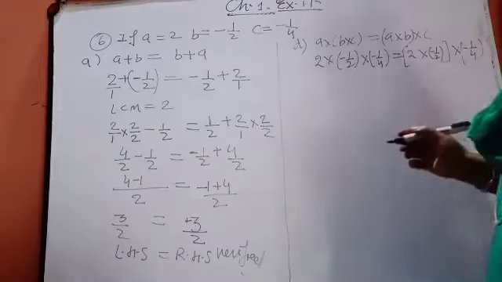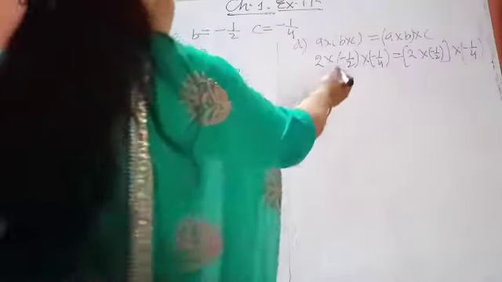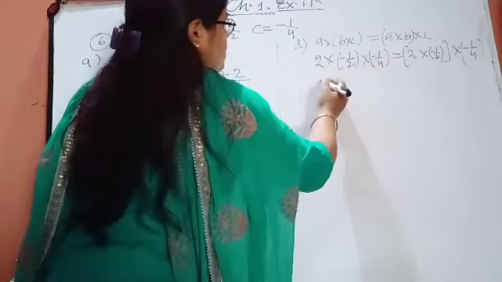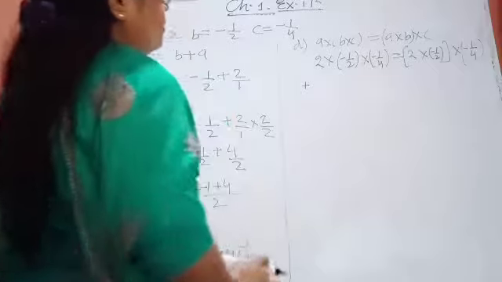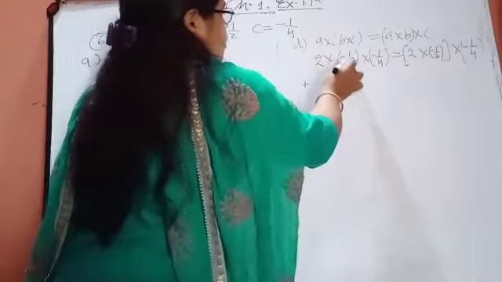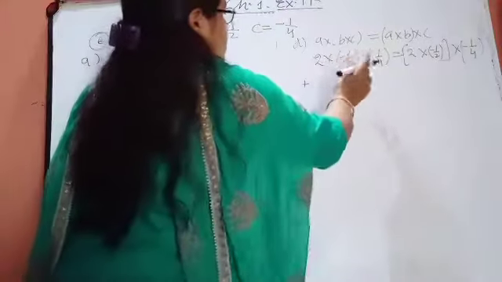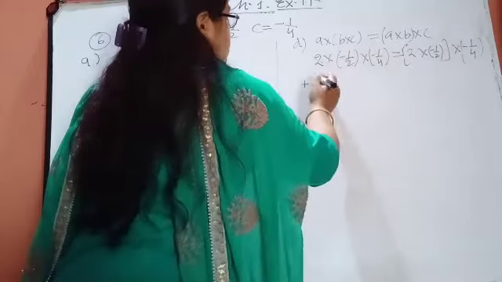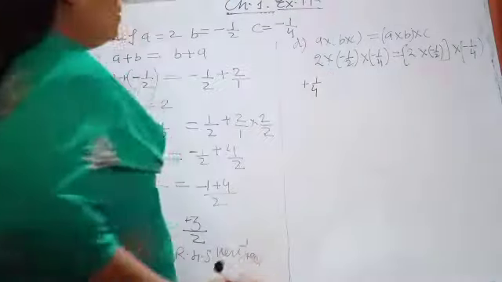Now see, minus into minus, so the result will come plus. Here this 2 and 2 will cancel, so what will remain is 1 upon 4. So plus 1 upon 4 will come as your result.